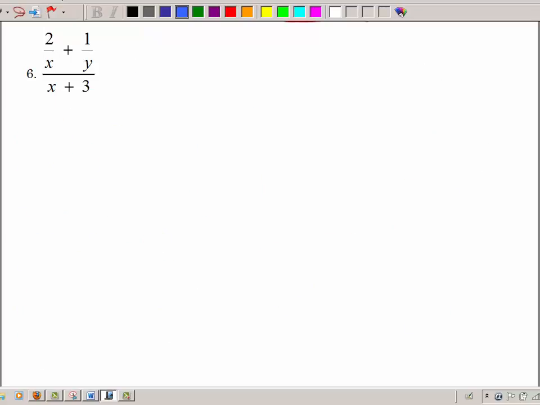Wow, after that last one, this doesn't look too bad. I have 4 terms, maybe not 4 fractions, but I have 1, 2, and really 3, 4. So let's do that LCD. So the 1's and an x and a y. That one's pretty easy. So I need to multiply each of these by xy. So again, I'm just going to write it out with a little bit more space.